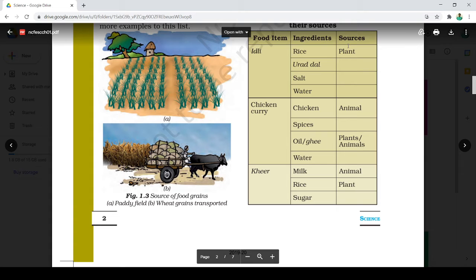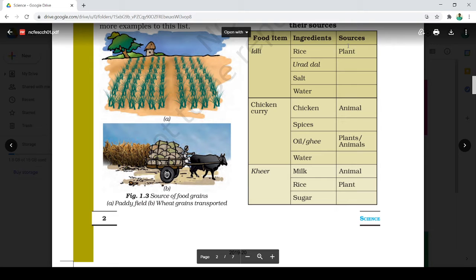Ingredients: rice, urad dal, salt, and water. Sources. The source for rice is plant, which is paddy. And what do you think is the source of urad dal? Yes, it's vegetables, which again come from plants.